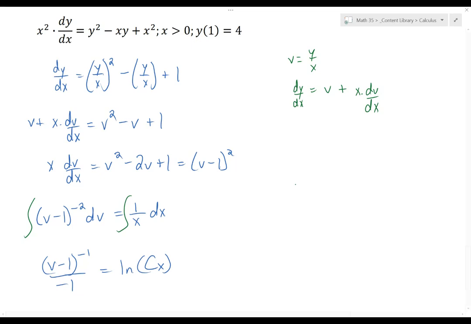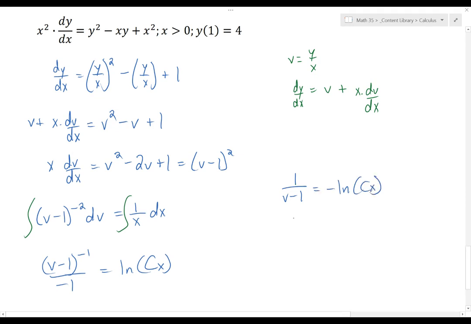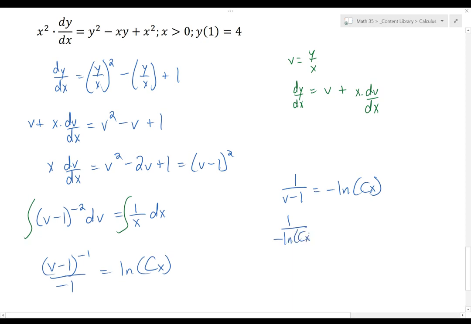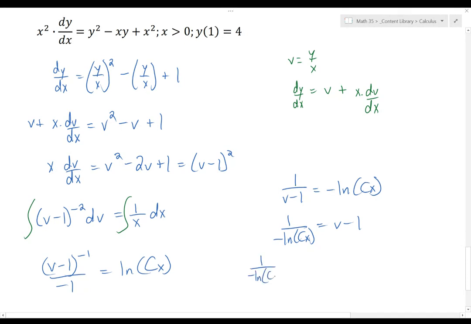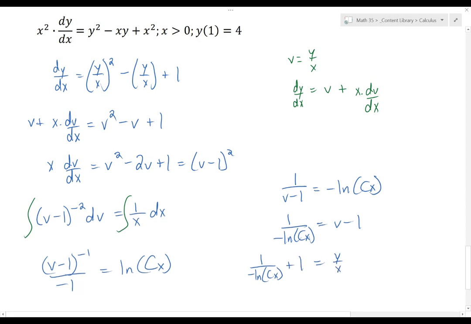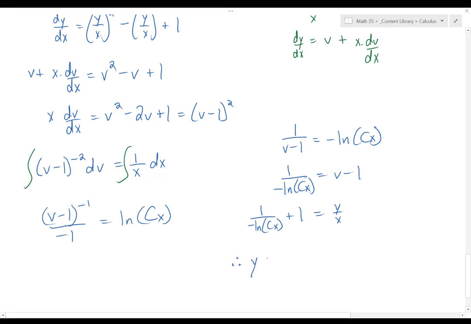So I've got 1 over v minus 1 equals negative ln of cx. That means that 1 over negative ln of cx equals v minus 1, which means that 1 over negative ln of cx plus 1 equals v, which is y over x. So we've got y equals x over negative ln of cx plus x.